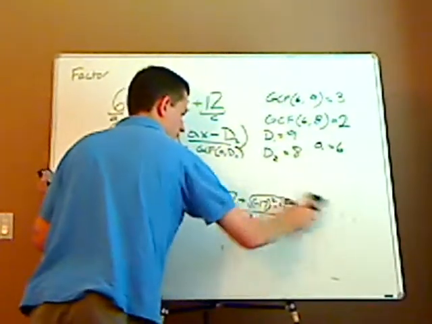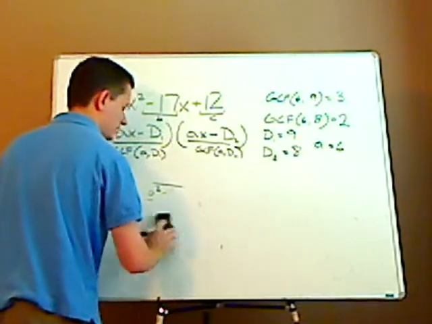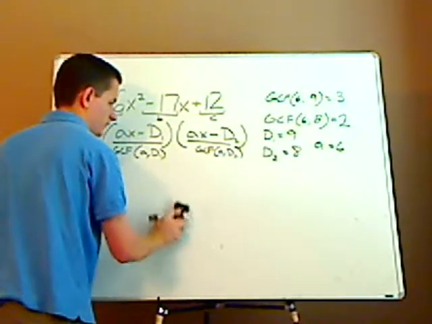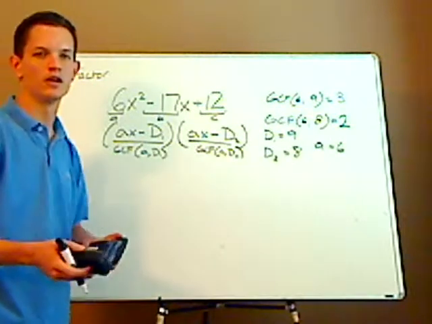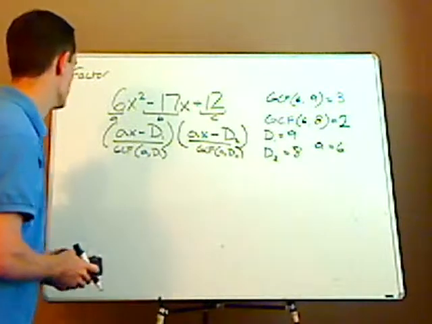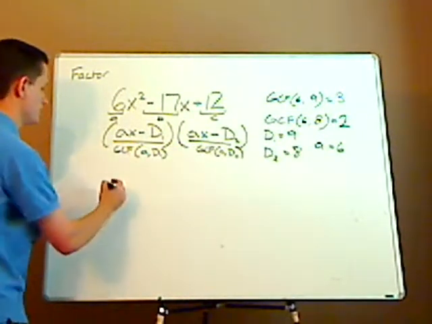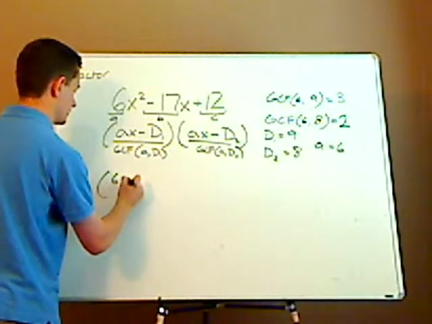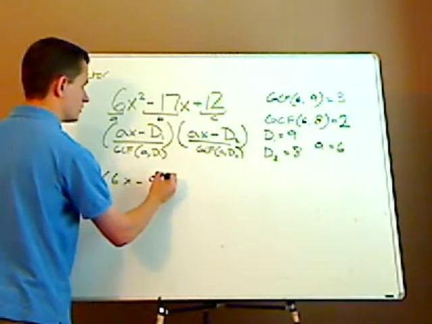Now, I don't know if this is a new way of going about it, because it's very similar to fake factoring, but it's new to me. I actually figured this out by using the quadratic formula and basically just going backwards. So plug all these in. You have your a, which is 6x minus d1, which is 9.